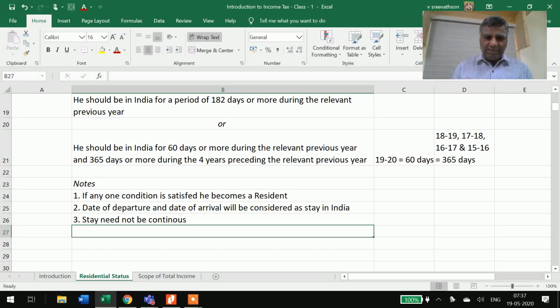It can be discrete. July I was here, again October I came back, again next January I came back. It need not be continuous, but every time you come back, I will also include the date of arrival and date of departure.